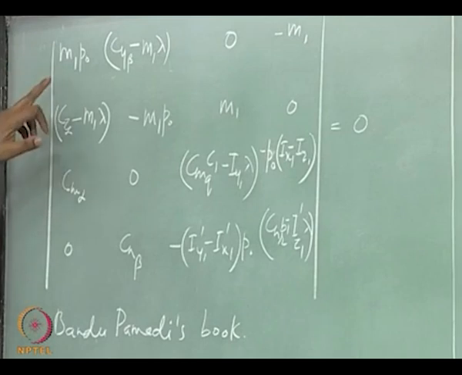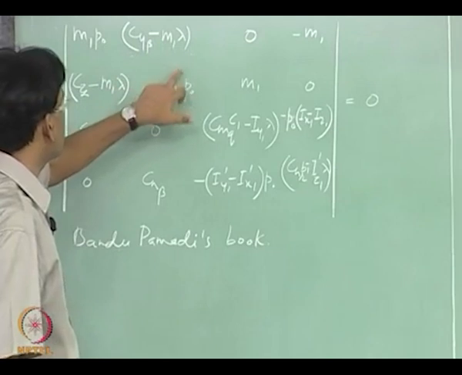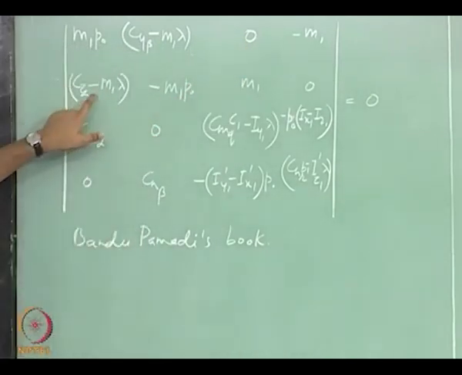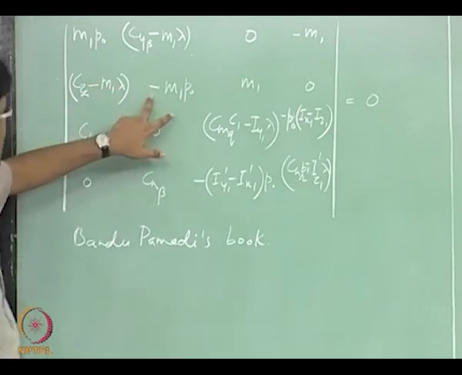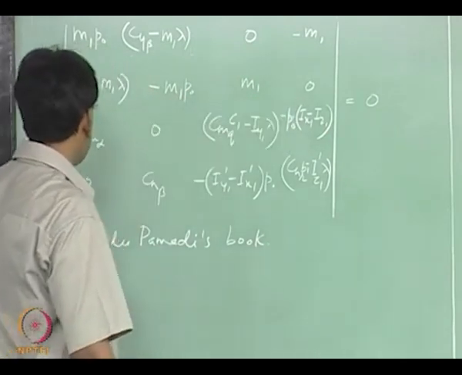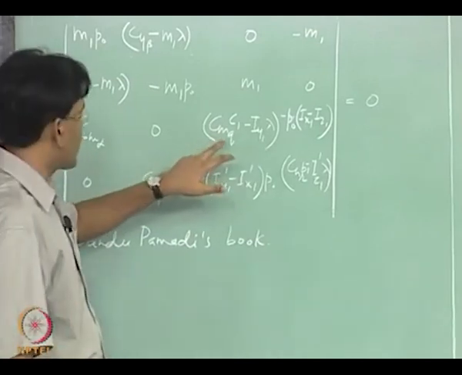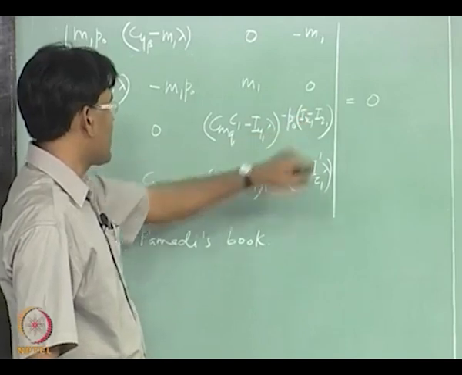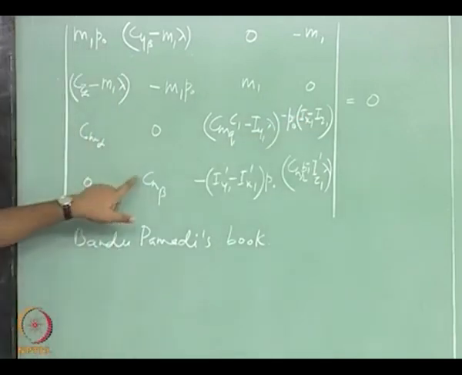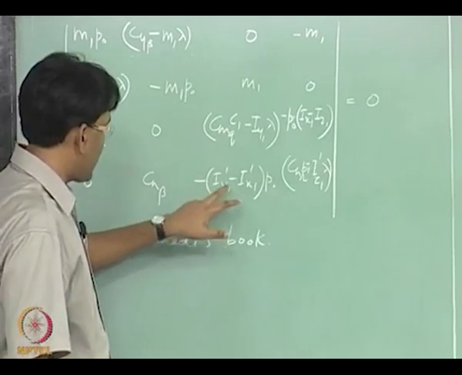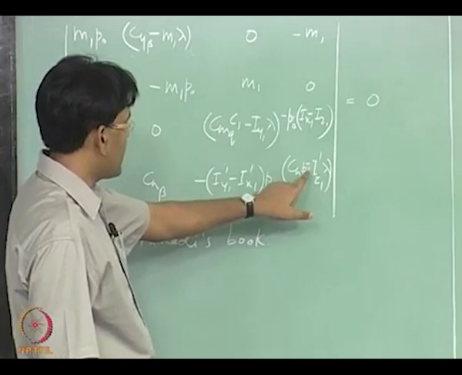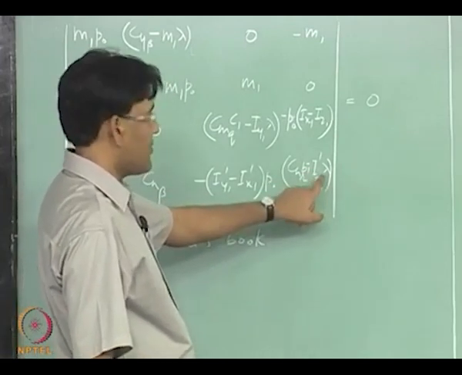So, you want me to read this? So, m1 p naught is the steady roll rate, CY beta minus m1 into lambda, 0, minus m1 CZ alpha, minus m1 lambda, minus m1 p naught, m1, 0, Cm alpha, 0, Cmq c1 minus Iy1 lambda, minus p naught Ix1 minus Iz1, 0, Cn beta minus Iy1 prime minus Ix1 prime into p naught, Cnr into b1 minus Iz1 prime into lambda.